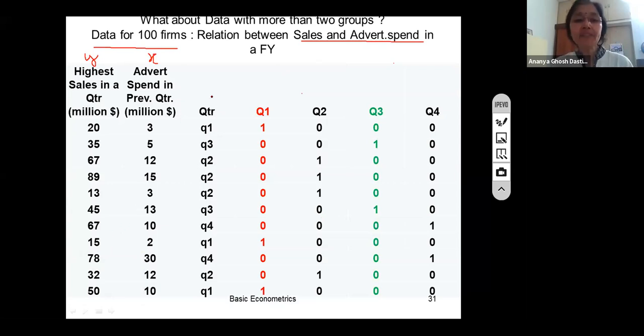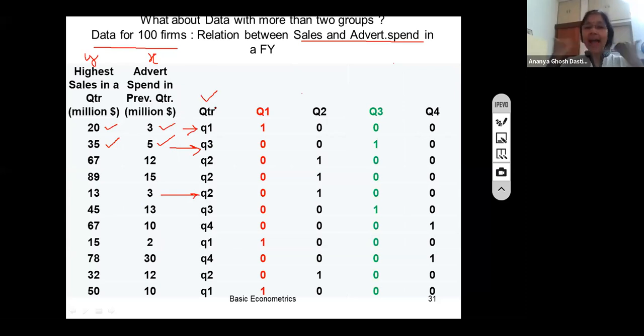And I have a variable called quarter, which is a nominal variable. Quarter is telling me that in quarter 1, sales is $20 million, and in the previous quarter, advertisement expenditure was $3 million for this firm. Now, for another firm, you have Q3 data, which is showing $35 million of sales for $5 million of ad spend. For another firm, you have quarter 2 data and so on.